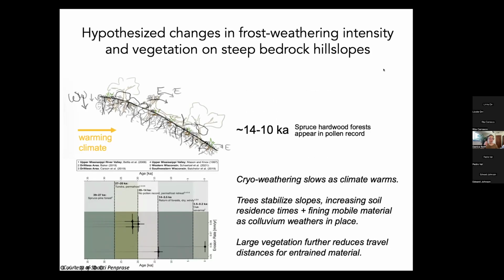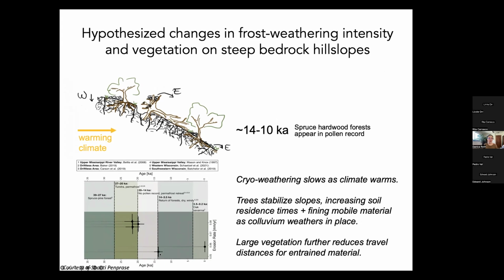This is a figure from Shanti Penfrey, a PhD student working with Andy Wickert, who also did the beryllium-10 dates, and she has been looking at pollen record literature. So we know that the climate warmed after the LGM, so the cryoweathering processes we hypothesized shut off, and then by around 14,000 years ago, trees started to show up in the pollen record.